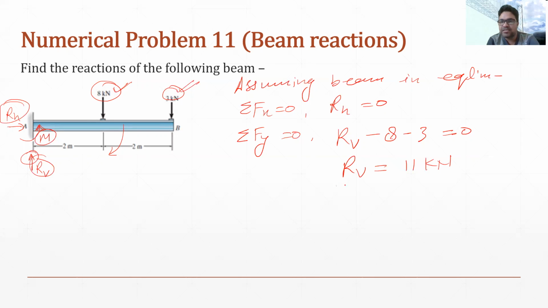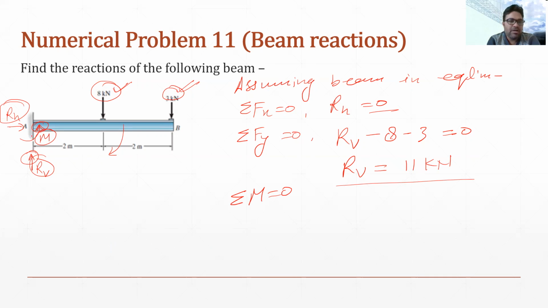So the vertical reaction on this cantilever is 11 kilonewton, the horizontal reaction is 0, and now we have to find the value of M, which is the third reaction in the cantilever. For that we will use the third equation, summation of M equals 0, which means the algebraic sum of all the moments of forces about this beam will be 0.